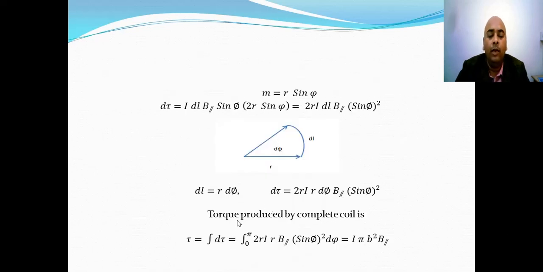So the total torque produced by the complete coil is obtained by integrating d tau from 0 to pi, and after integrating it we obtain that the torque is I pi r squared into B parallel component.